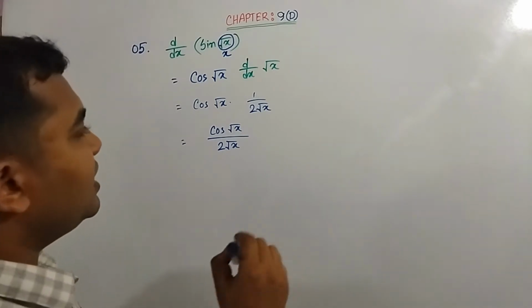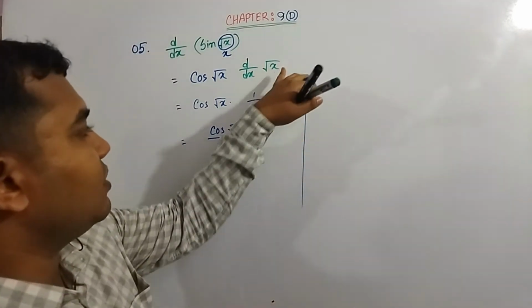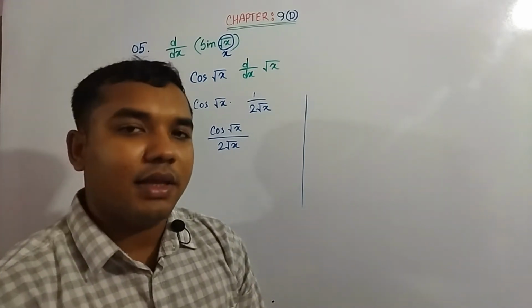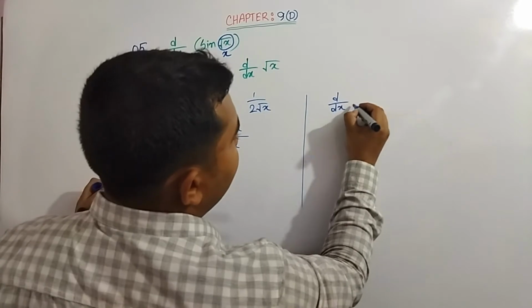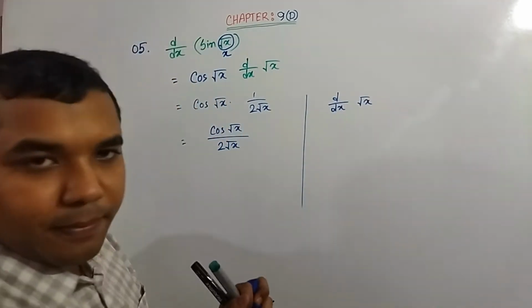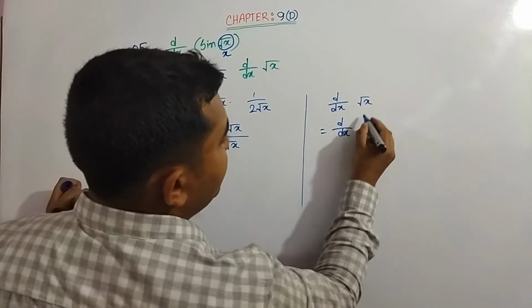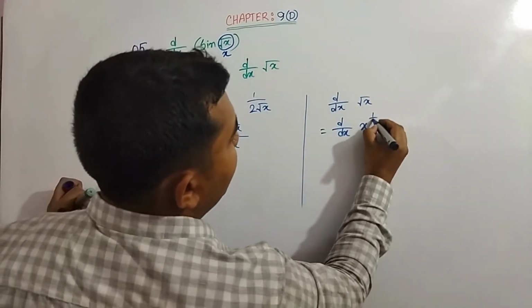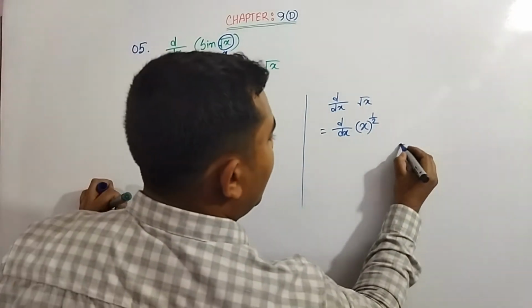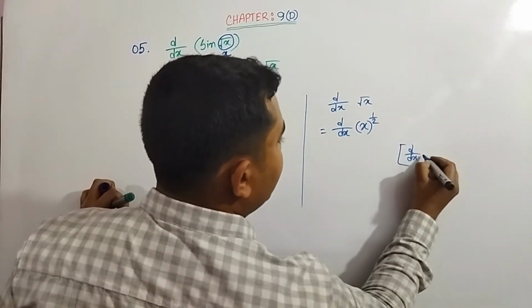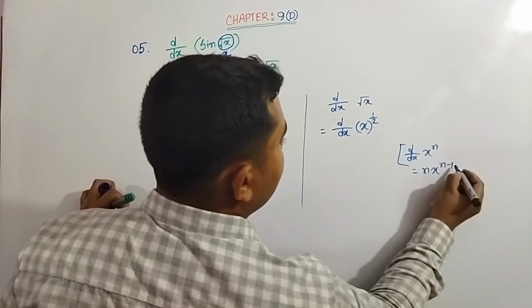One thing we have to understand: if you have any confusion about d/dx of root over x equals 1 by 2 root x, I can prove it right now. d/dx of root over x is d/dx of x to the power half, and we know the formula d/dx of x power n equals n into x power n minus 1.